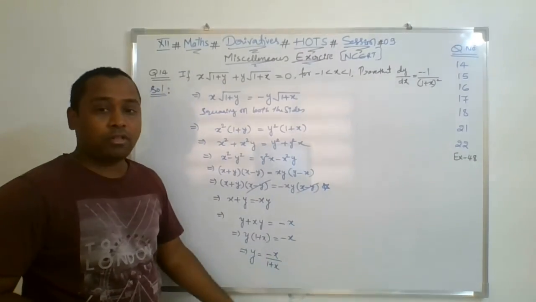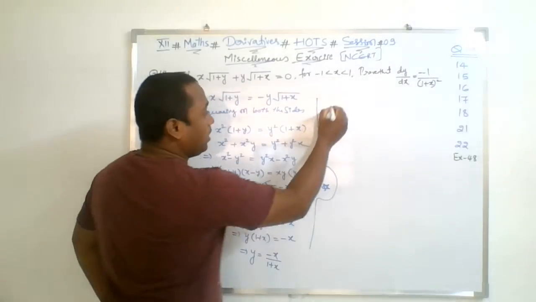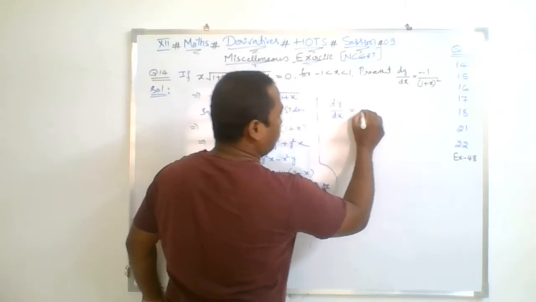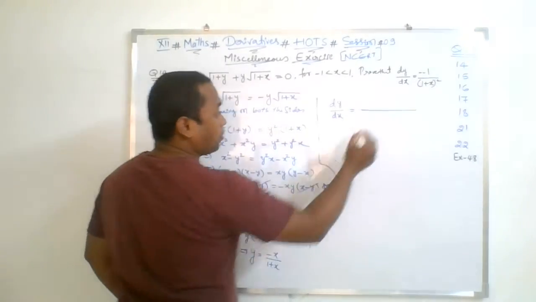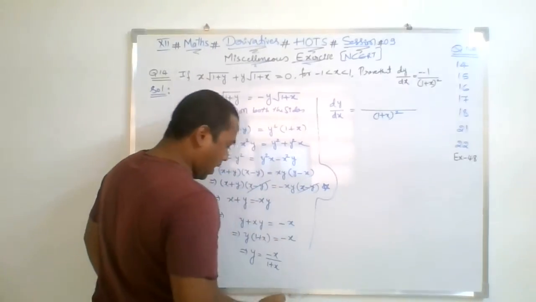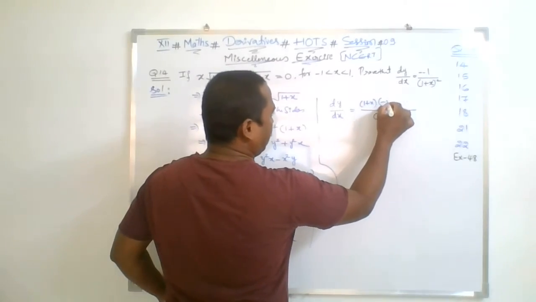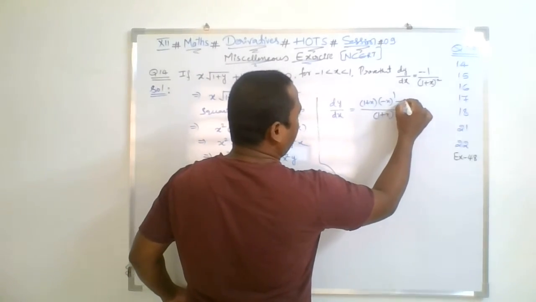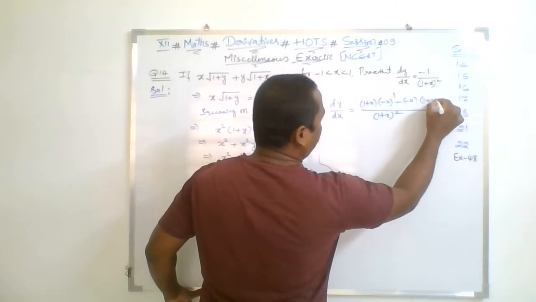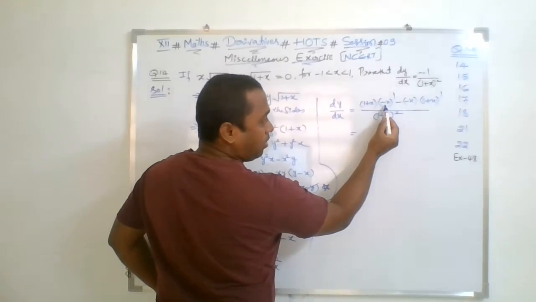That is simply the quotient rule, the u by v rule. That is dy by dx is equal to the denominator square, that is 1 plus x the whole square, and then v into u dash, that is minus x dash, minus of minus x into 1 plus x the whole dash. So it becomes minus 1.